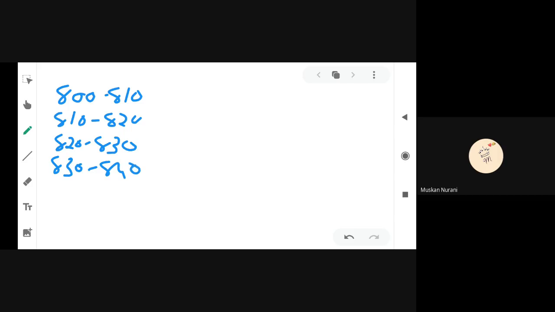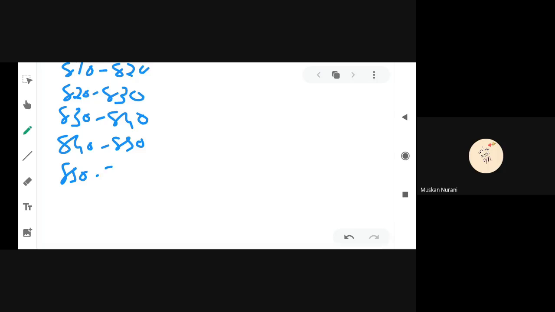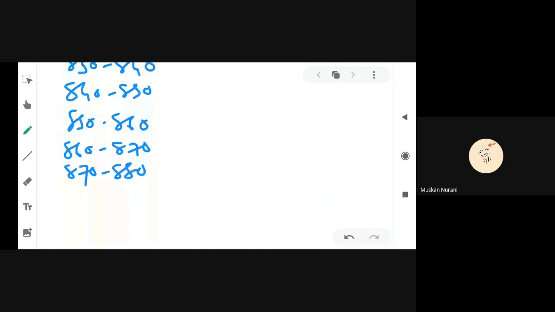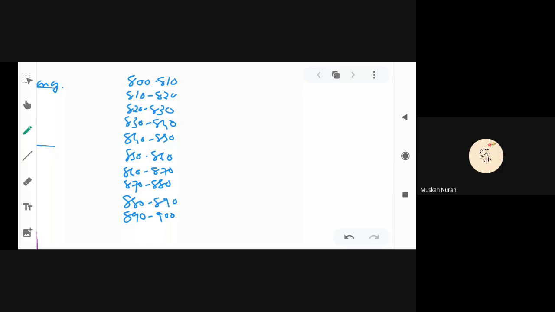First of all, we make a table and write down the groups: 800 to 810, 810 to 820, 820 to 830, 830 to 840, 840 to 850, 850 to 860, 860 to 870, 870 to 880, 880 to 890, and 890 to 900. There are 10 groups given here.